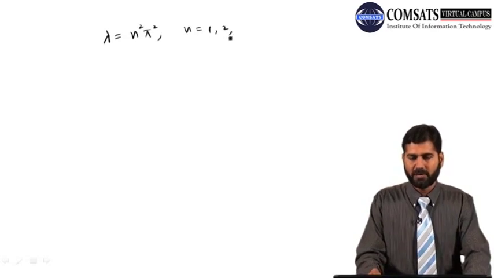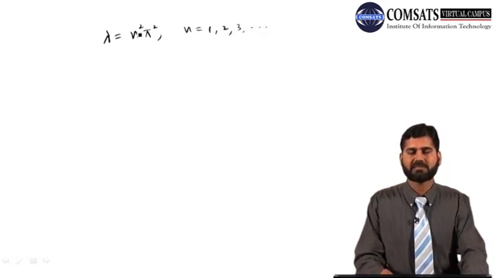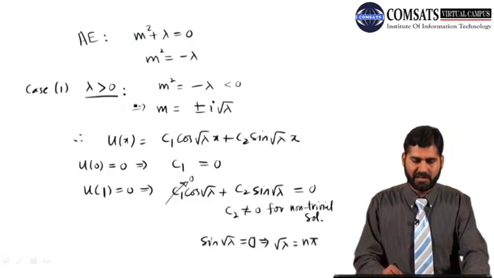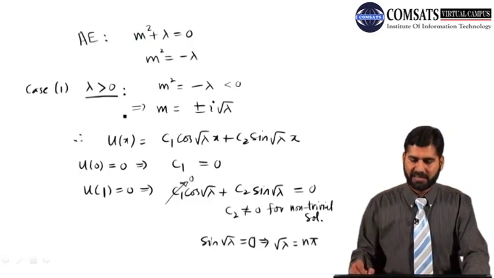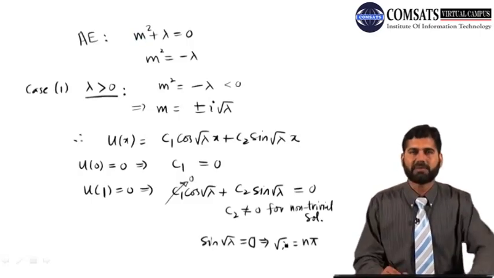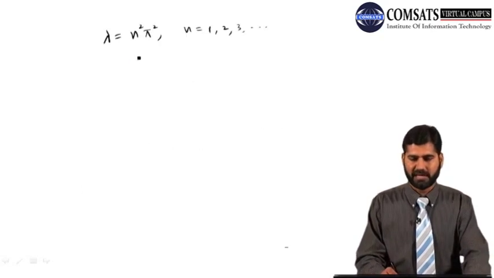So you get lambda equal to n square pi square, and n goes from 1 to infinity. We will not include 0 because lambda is strictly positive. We are dealing with the case lambda positive. If I take n equal to 0, that will make lambda equal to 0, so we cannot take that.